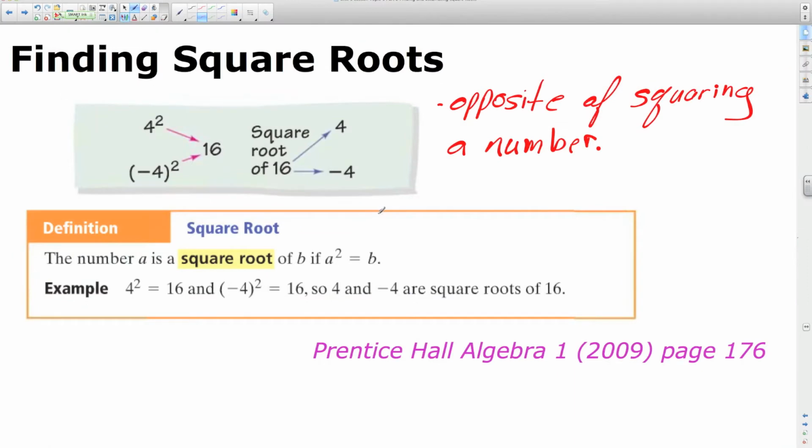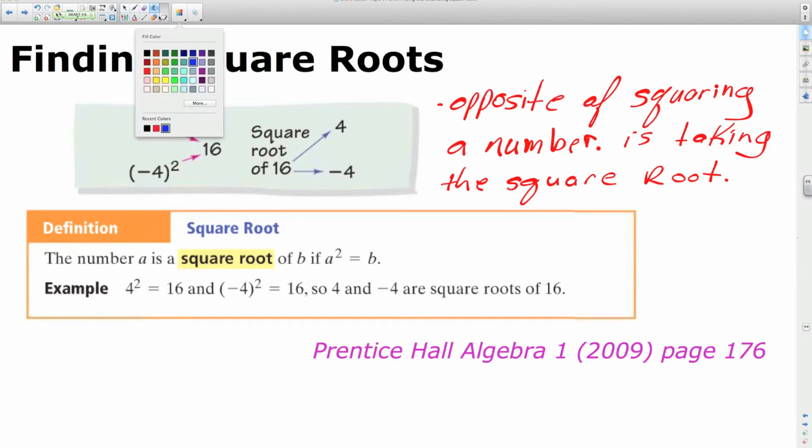On this side we're going to be talking about finding square roots. The key thing to remember is that the opposite of squaring a number is taking the square root. If you can remember that, much like addition and subtraction are opposites, and multiplication and division are opposites, the opposite of squaring a number is taking the square root.